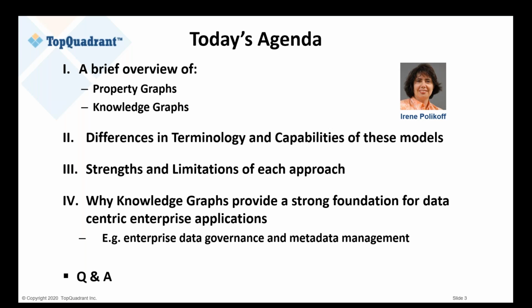Then she'll dig a little deeper into the difference in meaning of some key terms used in both of these graph models and show critical differences in the capabilities that they each provide. Throughout the presentation, she'll cover and cumulatively list comparison points regarding the strengths and limitations of each approach.